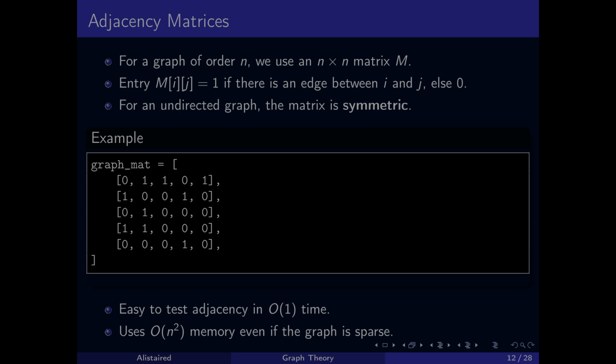The other type of representation is the adjacency matrix. An adjacency matrix is, for example, if the graph is of order n, if you have n vertices, you use an n times n matrix. Why is that? Because basically for each two vertices i and j, you just look at the coefficient of the matrix in the i, j place and see if it equals 1, you have an edge.